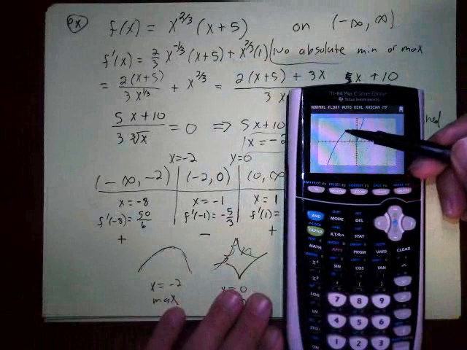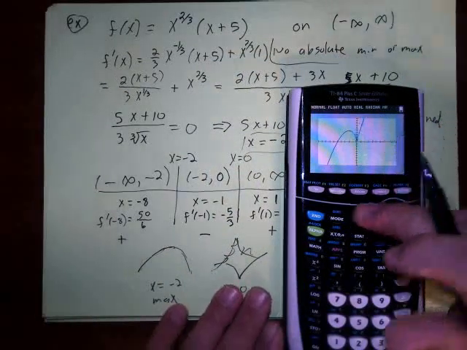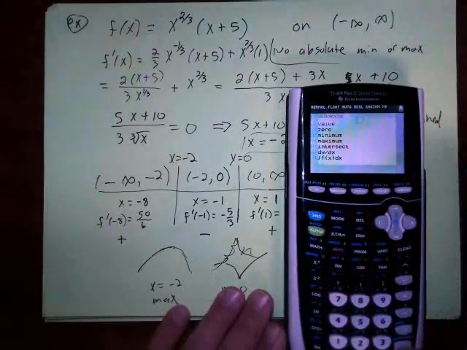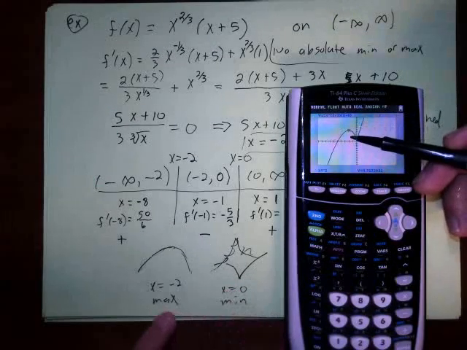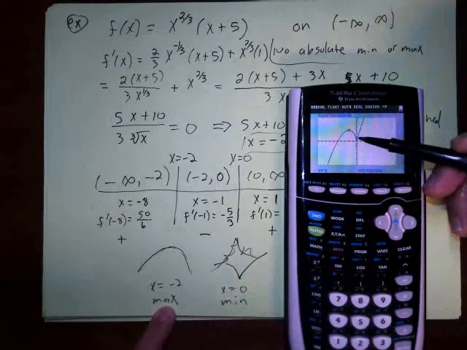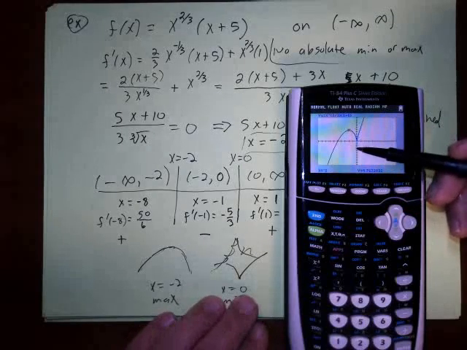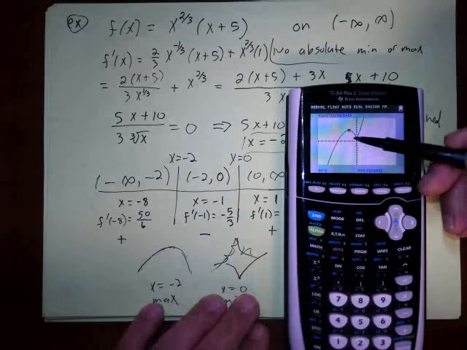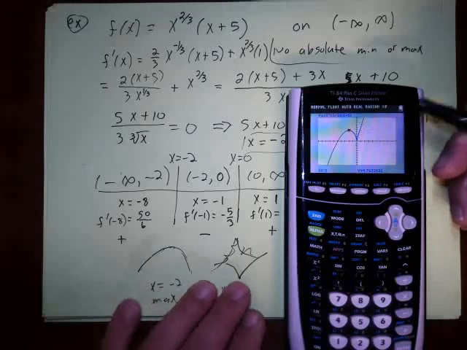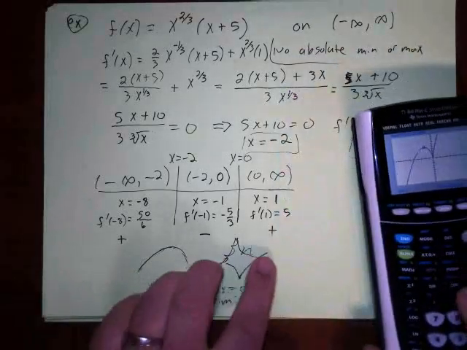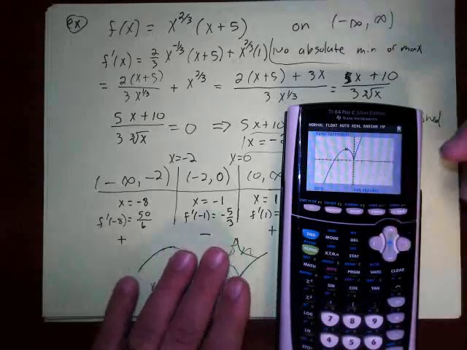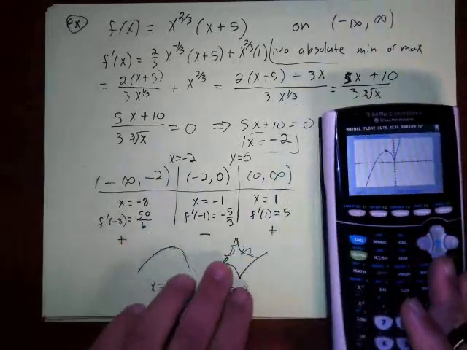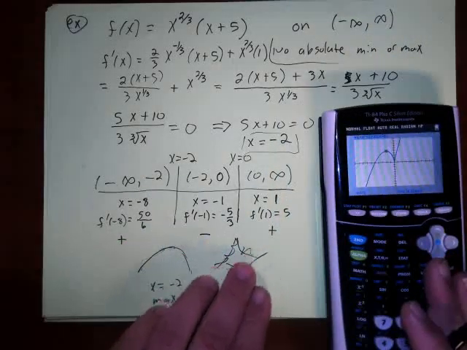It kind of curves up, and then there at -2, if I hit second calc value and put in -2, we see that's where that max is. That's a relative max. And then here at 0, you get the relative min. And really, the way I knew to draw this is that I already had done the problem and graphed it. I really would not have known for sure exactly how this would look.